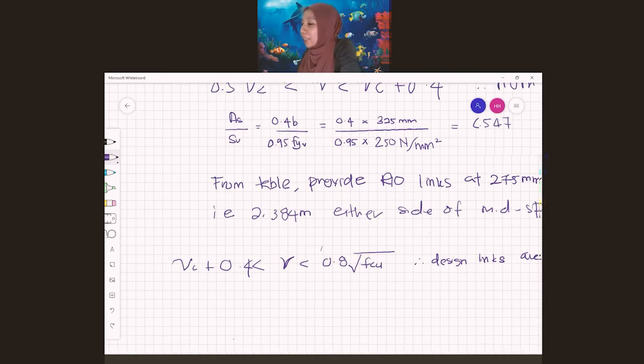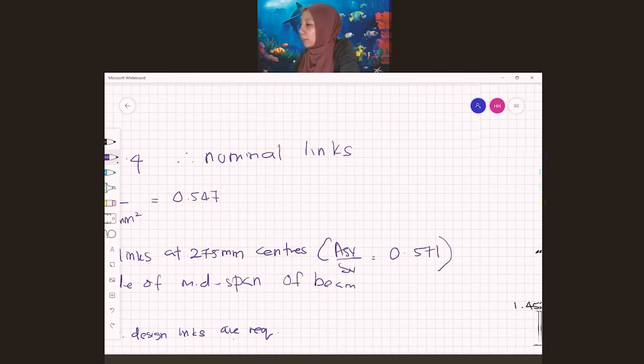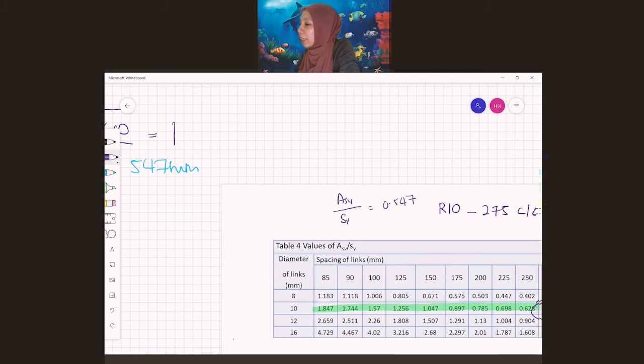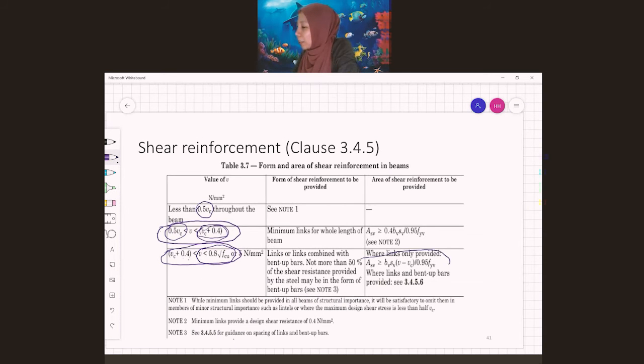Okay, jadi kita dah ada formula, which is ASV divide by SV equal to V minus VC divide by 0.95 FYV. Mana I dapat formula ni, dari sini lah. Inilah formula dia, itu formula I pakai.